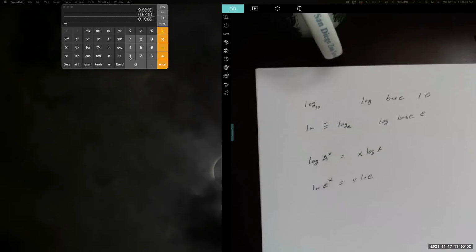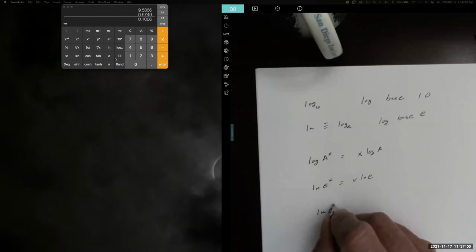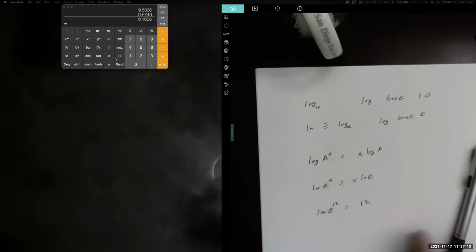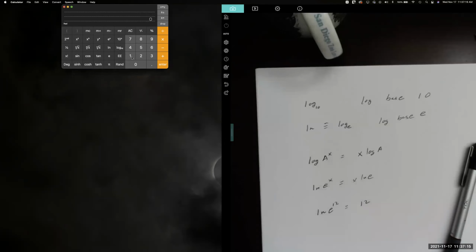So ln e to the power of 12 just equals 12. e to the 12 is 162,754, but if I take the natural log of that, I just get 12 back.